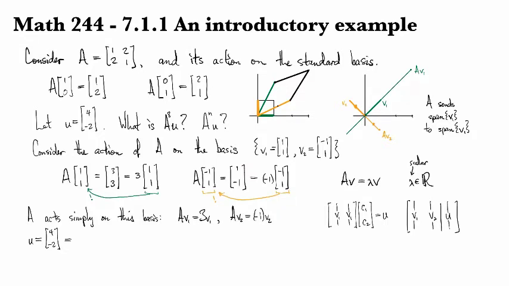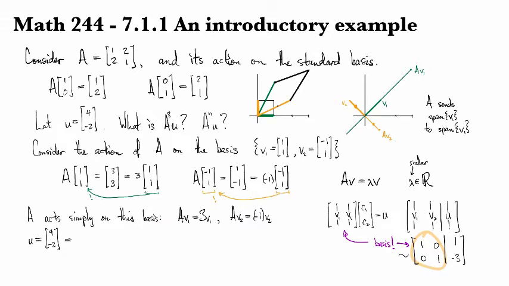When I row reduce, I end up finding 1, 0, 0, 1, and 1, minus 3. Now, you better get the identity here, because V1 and V2 are supposed to form a basis. You get the identity there if and only if V1 and V2 is a basis, right?